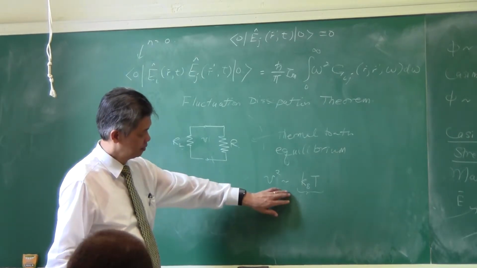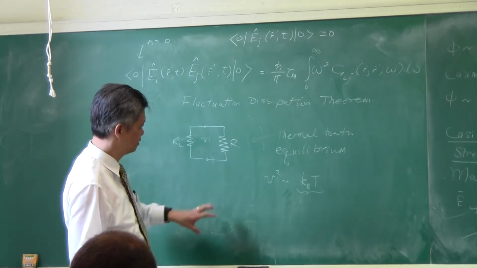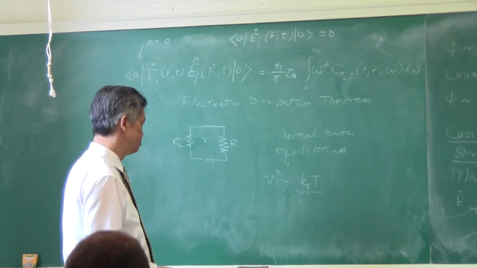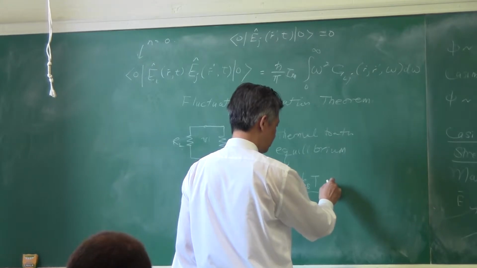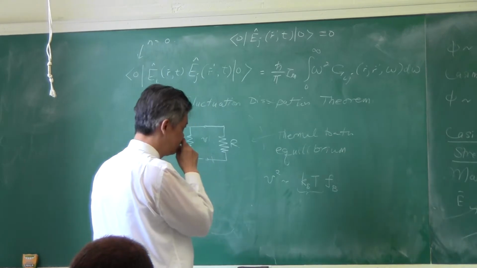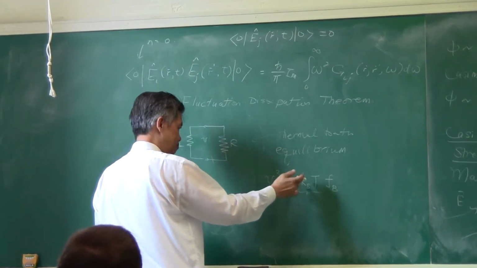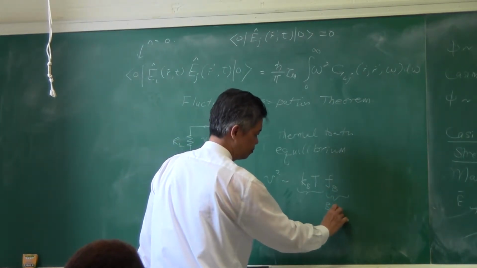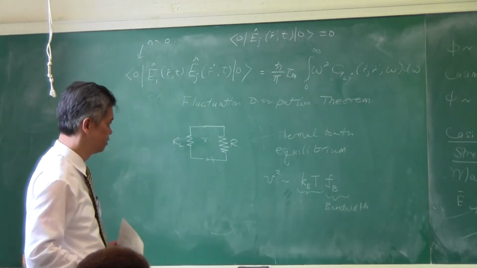You can learn about this law from the equipartition energy theorem, and this resistor will acquire that kind of energy. The energy is proportional to the bandwidth. So the thermal energy that this resistor has acquired is proportional to the temperature, the Boltzmann constant, times the bandwidth of the signal. This is the bandwidth over which you measure this energy.